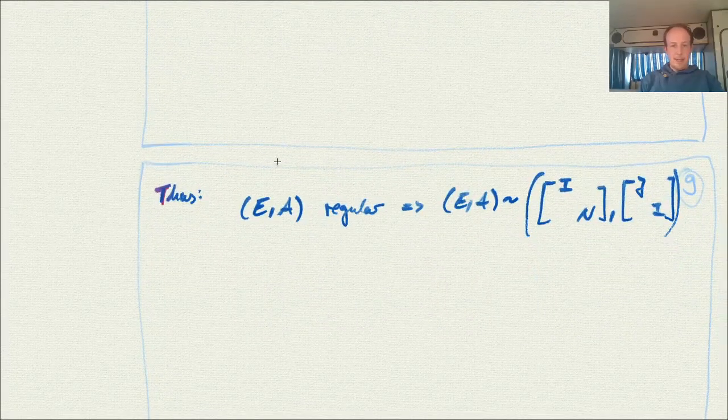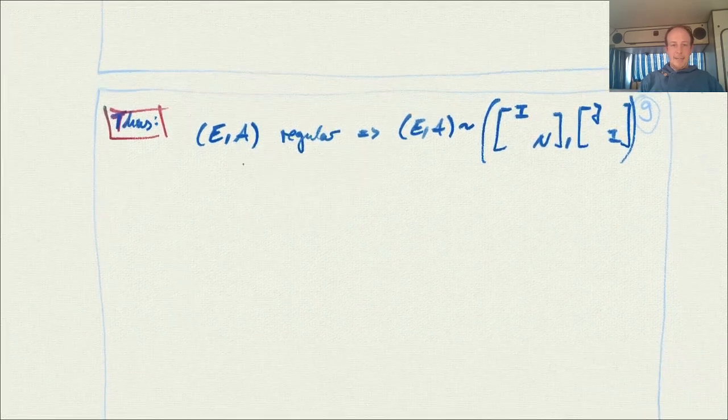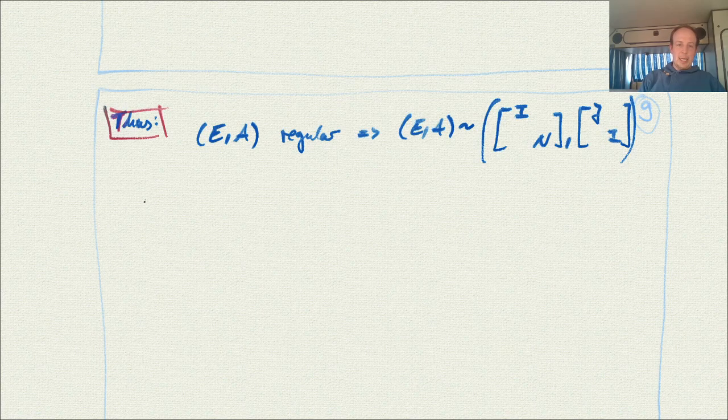Then let's have another look at what this now means in terms of solvability. So we have that EA is regular, then it's similar to this matrix pair, meaning that if we have this E x dot equals A x plus f of t, then this is similar to this system.